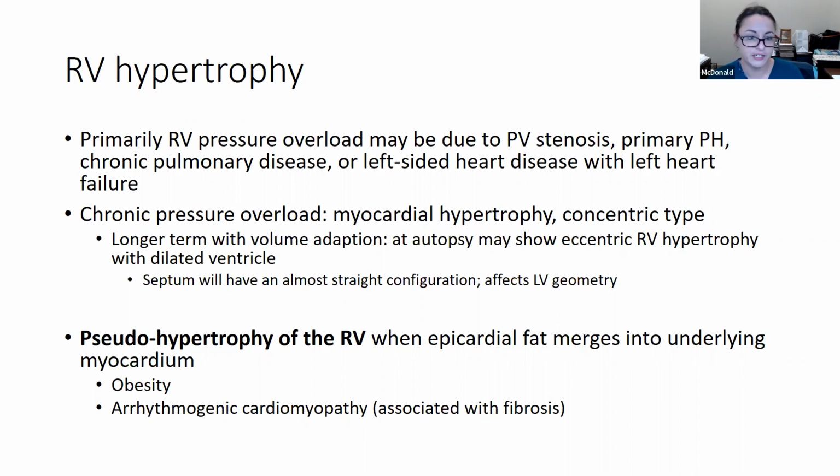It'll generally be of the concentric type. Another thing to consider is pseudohypertrophy of the right ventricle when there's epicardial fat merging into the myocardium. This can be seen in obesity, but you should also think about arrhythmogenic cardiomyopathy, where the fatty infiltration will also be associated with fibrosis.